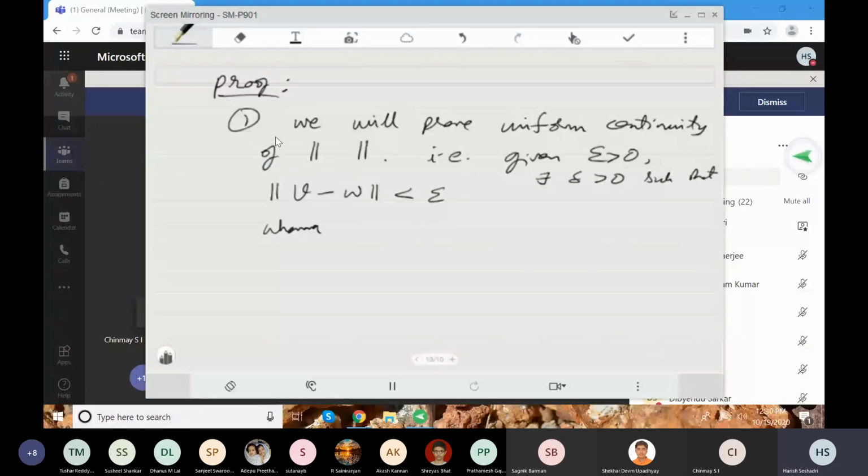The whenever is, we are talking about continuity keeping in mind the Euclidean metric. So the domain distance is the Euclidean distance. So this is what we'll prove.